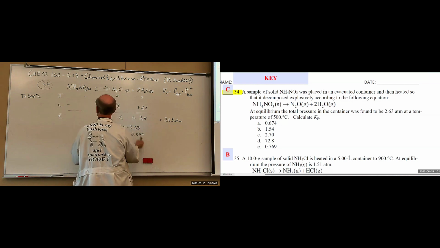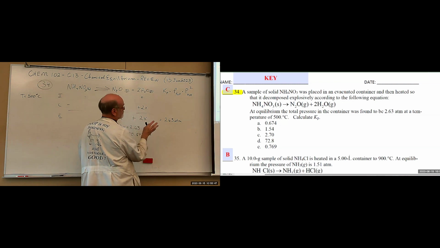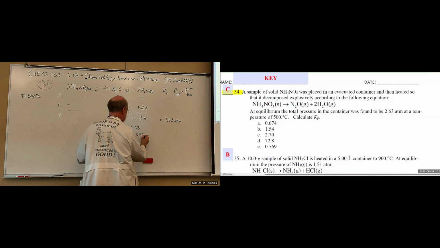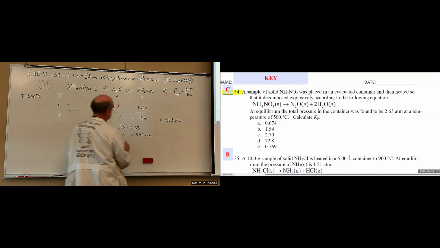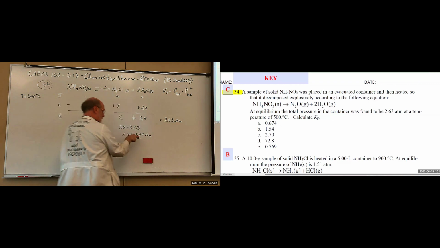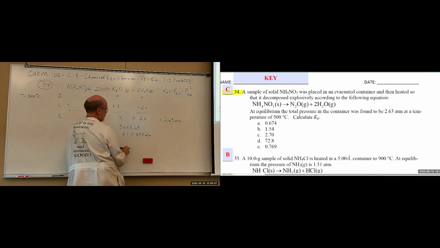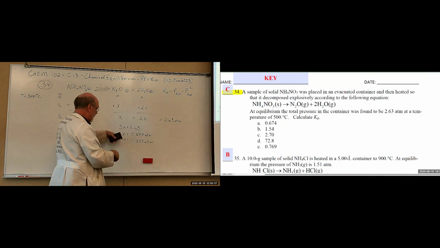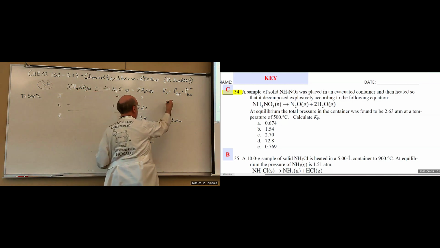Yeah, we can say atmospheres. The ratio is going to be the same because this is an atmosphere, so this is an atmosphere. So we got that X and 2X equals 1.753 atmospheres. Okay. Now we've got our values that we can put into this equation.